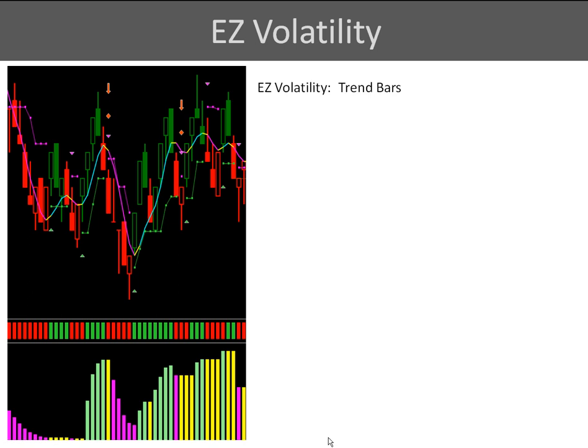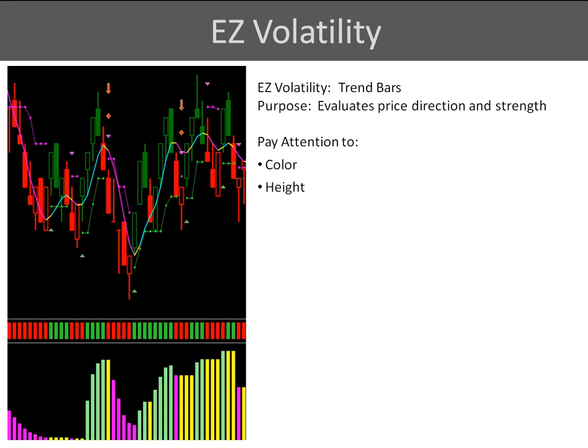Another EC volatility indicator will give us trend bars. The same purpose, it evaluates price direction and strength. If you're going to use this indicator, pay attention to the trend bar color and its height.